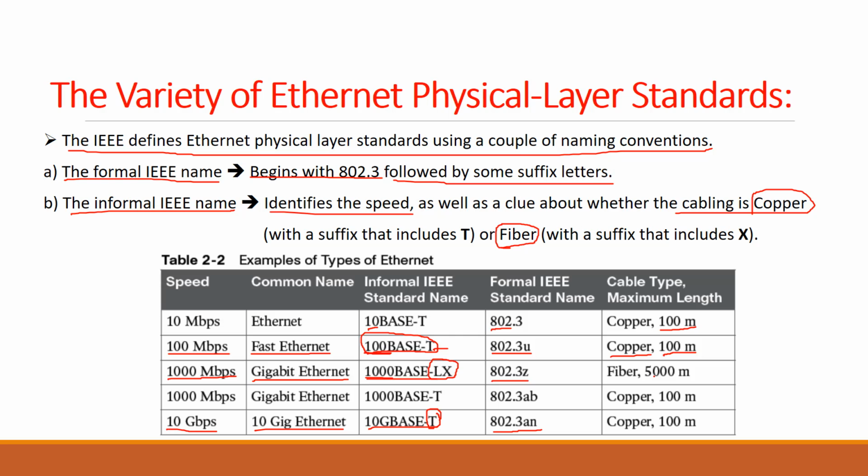When we use fiber, the maximum length is 5 kilometers, and so on. So all you need to know from this slide is the formal IEEE standard name and the informal IEEE standard name, and what the speed of each standard is and the type of cabling.